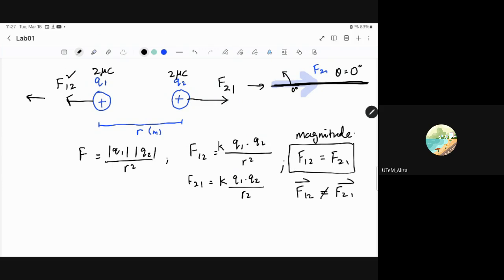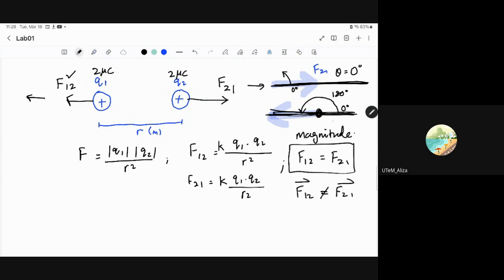What if you are measuring the direction for F12? Let's draw the baseline, and your vector is the other way around. Let's say the pivot point is here. You measure the angle from 0, and it's 180.